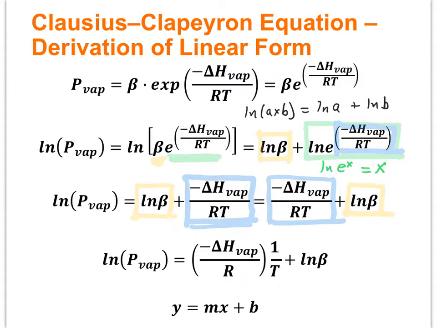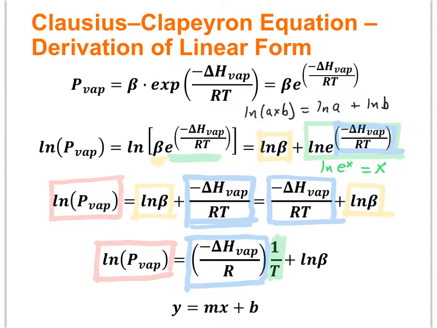So, if we've got our natural log of our vapor pressure, now we can sum that up. Our natural log of our vapor pressure is on the left side, right? That negative heat of vaporization over R we can pull forward and make 1 over T. We can pull 1 over T out of that term, multiply those together, and then we have the natural log of beta.